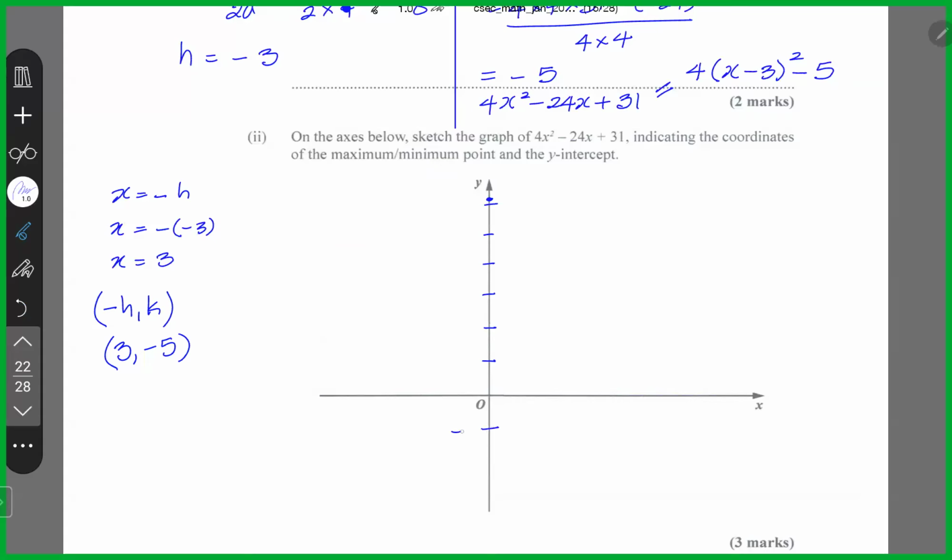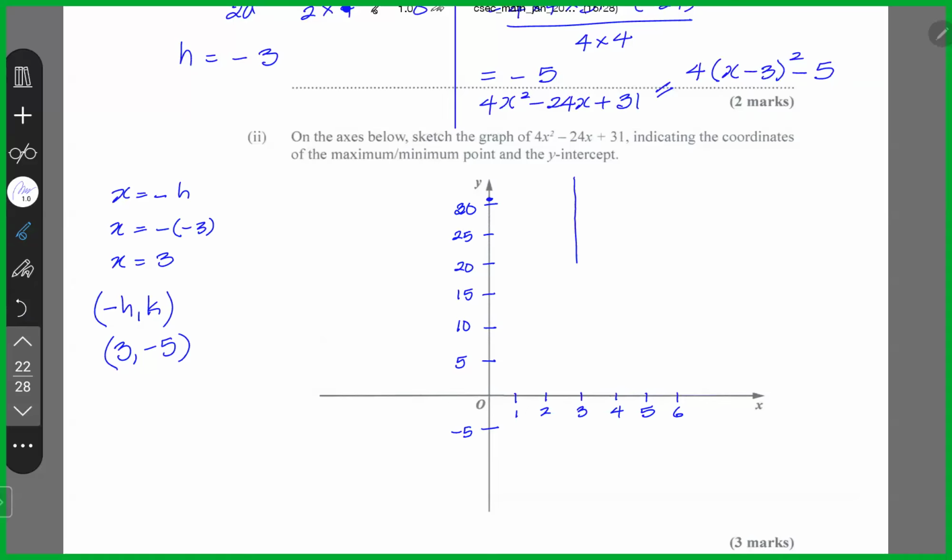So that would be like here, minus 5. 5, 10, 15, 20, 25, 30. 1, 2. Let's make that narrower. 1, 2, 3, 4, 5, 6. 1, 2, 3, 4, 5, 6.